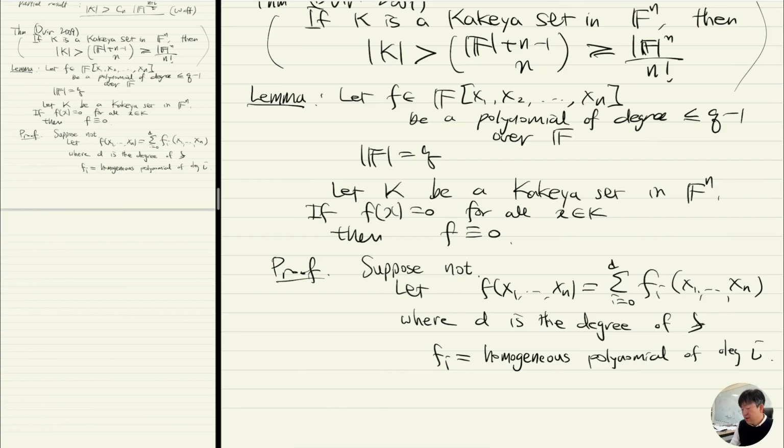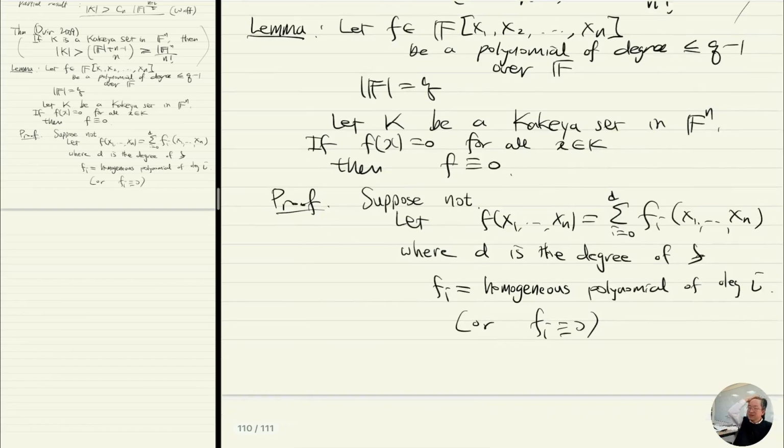That means I'm collecting all the monomials of degree i, and that's going to be f_i. But sometimes you don't have any monomial of degree i. In that case, f_i is 0.